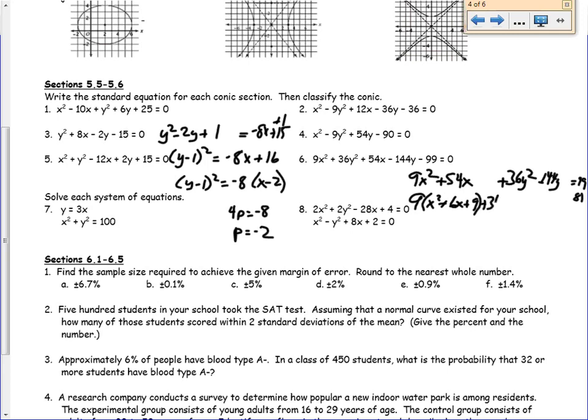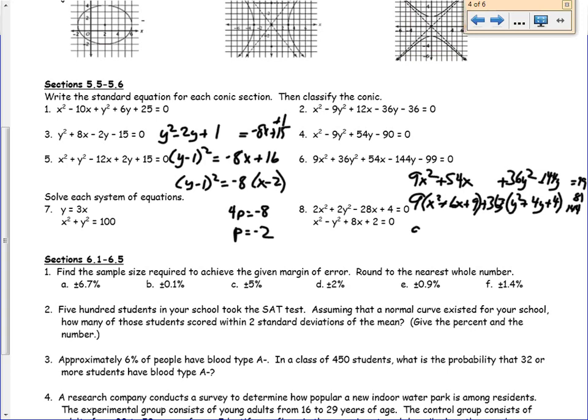So 36 goes into 144 4 times. Half of 4 is 2 squared is 4, so 36. So now could somebody add 144, 81, plus 99 for me? 144, 81, plus 99. Add those all for me.